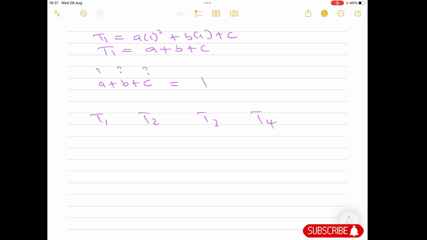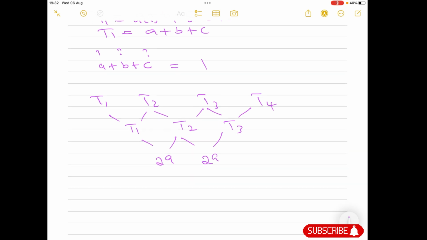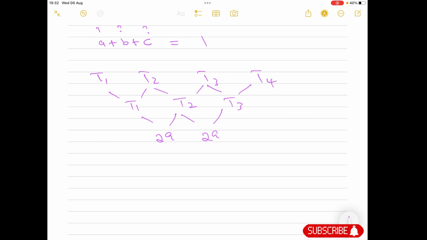Between T1 and T2 of the quadratic sequence, we have T1 of the first difference. And between T2 and T3, we have T2 of the first difference. And then here we have T3. When we work with a quadratic sequence, the second common difference is derived to be 2a.